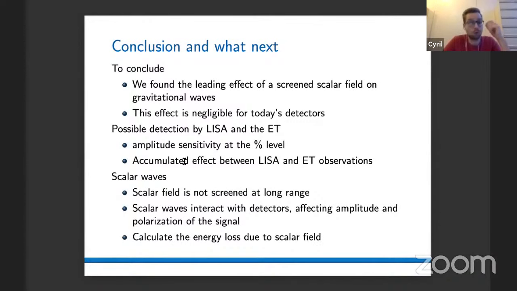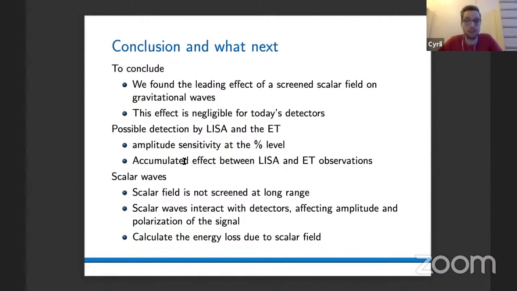And for future work, something really interesting to look at is the effect of the scalar wave that is emitted, because we calculated the scalar field in the radiation zone and its effect on the gravitational field, but we didn't calculate the effect of the scalar wave on the detector.